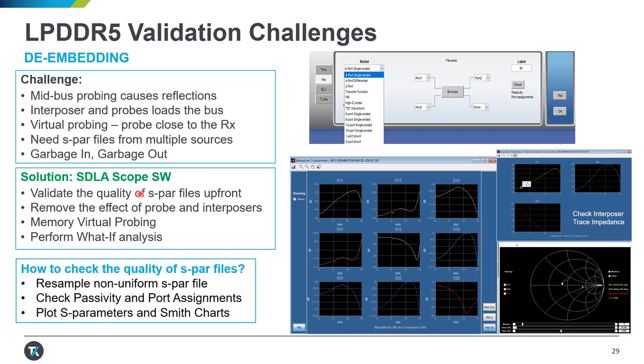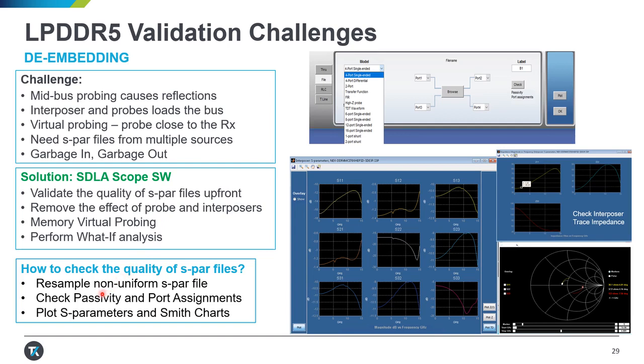SDLA is a very powerful tool. It is used for de-embedding and RX equalization. It allows you to validate the quality of S-parameter files upfront. It also helps to remove the effect of probes and interposers.